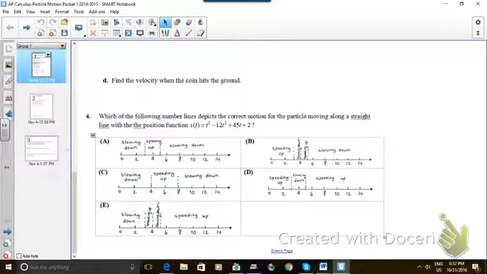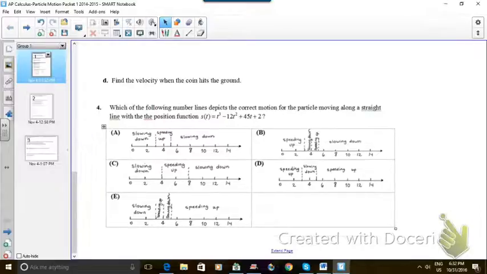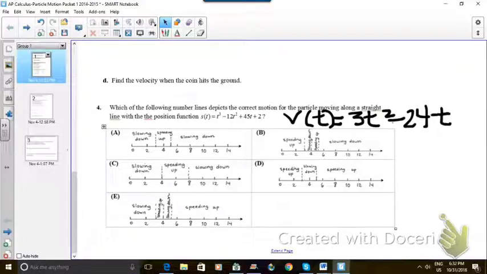So what I would do for this one is figure out the v of t. v of t equals 3t squared minus 24t plus 45.